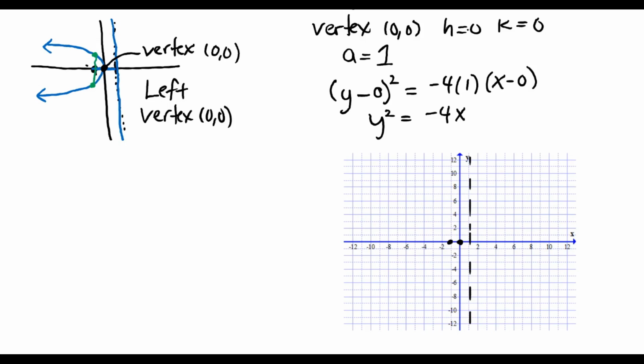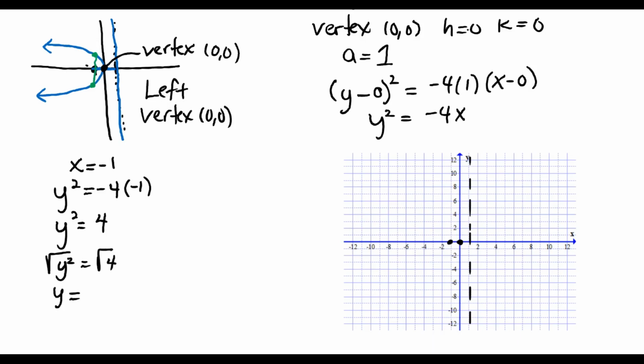So the x-coordinate of the focus is -1. So I'll take the equation that I found previously and substitute a -1 and solve for the y. So -4 times -1 is +4. I can square root both sides to get y equals plus and minus 2.